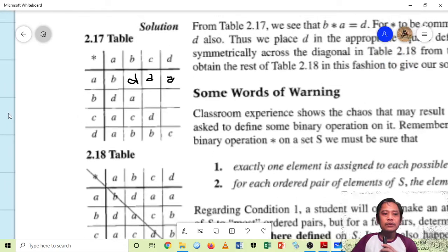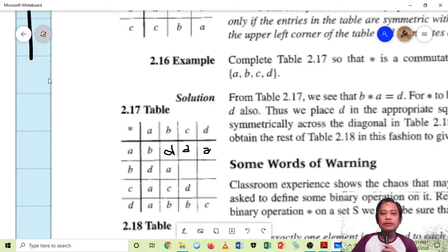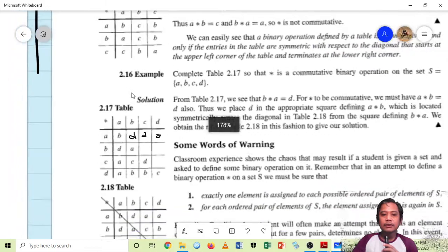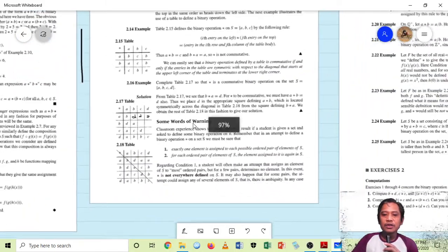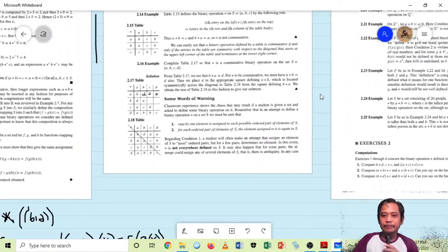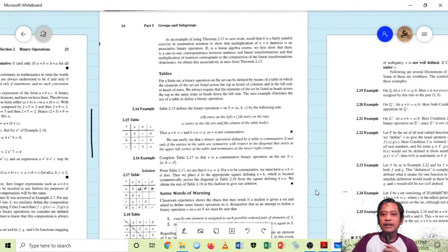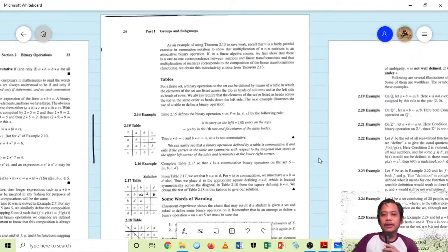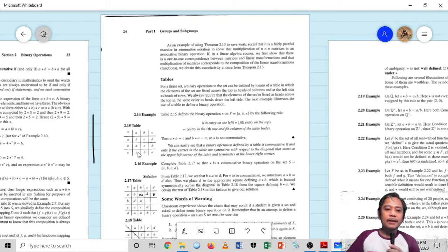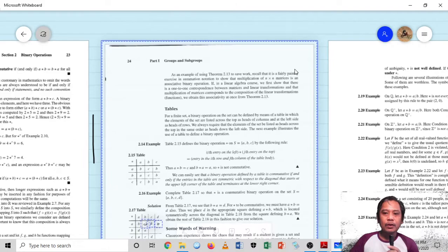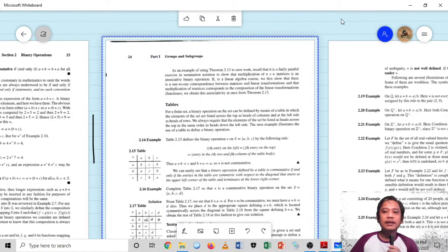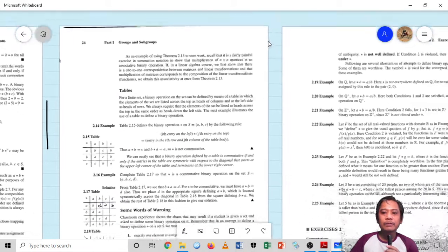Now, if we would try to check associativity in the operation of tables, the task would be quite tedious because we would have to consider all possible triples of the elements in the table. There would be no other way of checking whether or not the operation defined in the table is associative, but only to check all possible triples and verify whether the answers would always be the same.